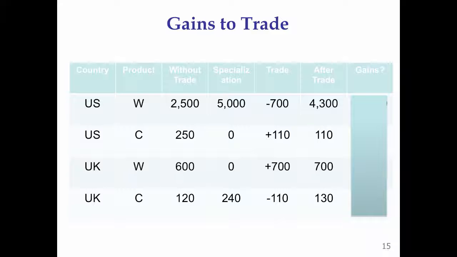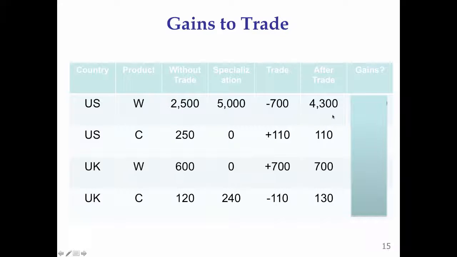All right, so the final question is, what are the gains from trade, if any? If we compare without trade to after trade, what do we see? In terms of wheat, with trade, the US ends up with 4,300 tons of wheat. If it didn't trade, it would get 2,500 tons of wheat.